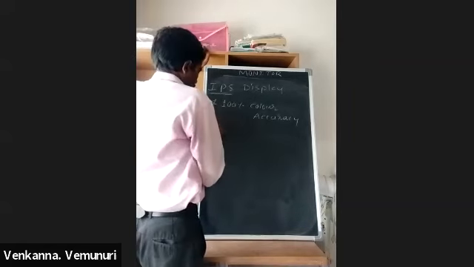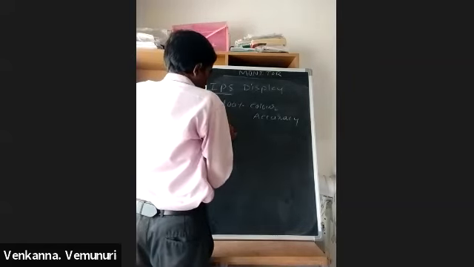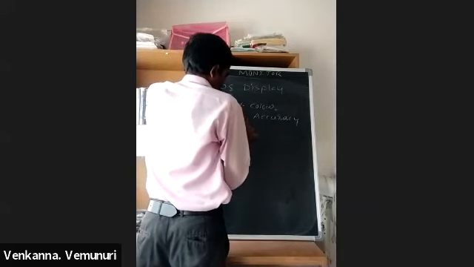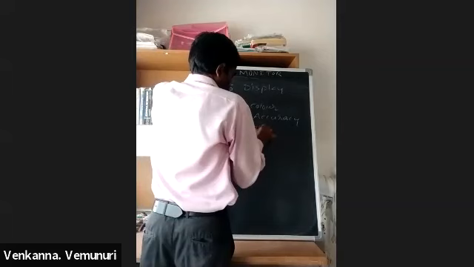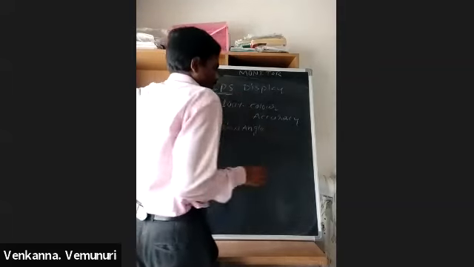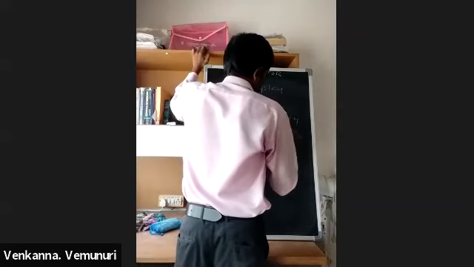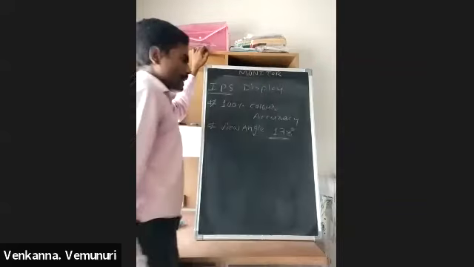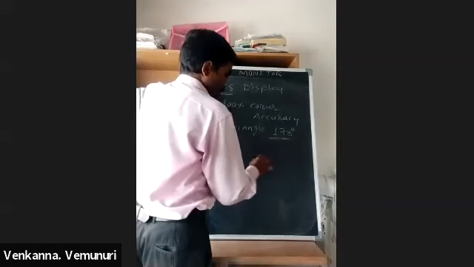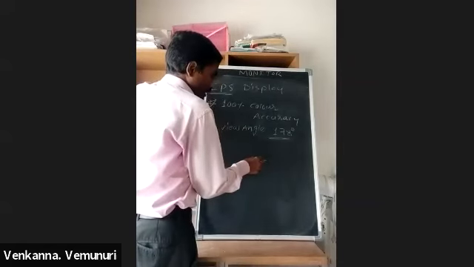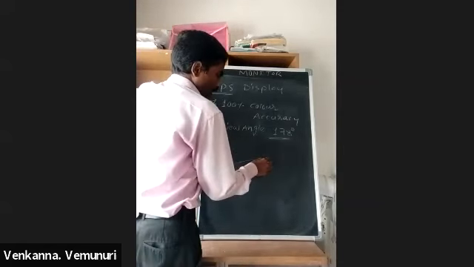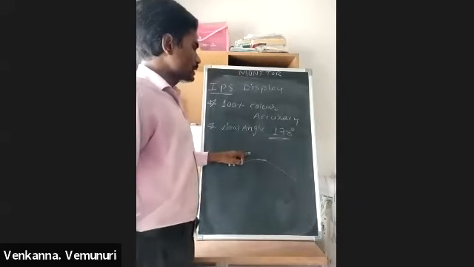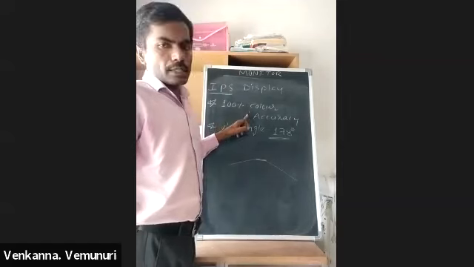And the view angle of this IPS display is 178 degrees. For example, this is a monitor, and you see this monitor from this corner to this corner. At that time you see the picture with accurate color.